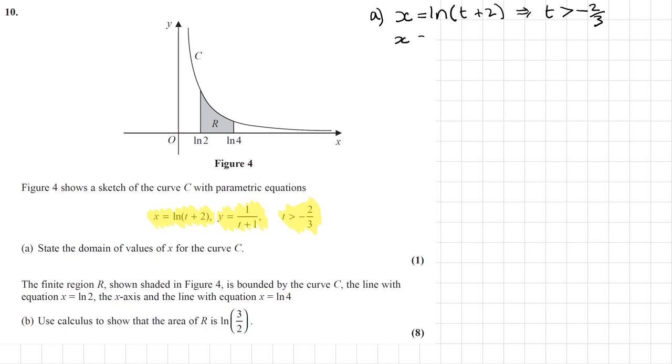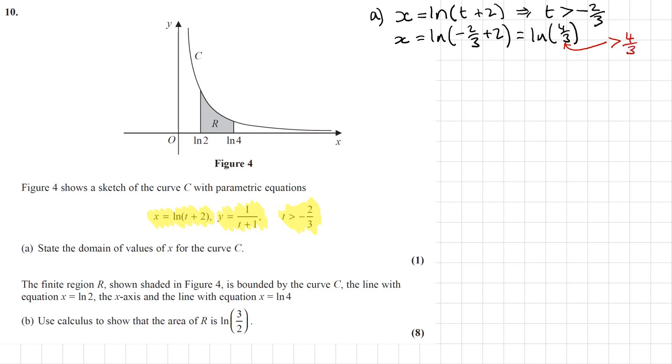So I've got x is equal to log of negative 2/3 plus 2. That's going to give me natural log of 4/3. That's where the domain either starts or finishes. How am I going to know where the domain goes? Well, since t is going to be greater than negative 2/3, this bit in brackets here is going to give me a number that's greater than 4/3.